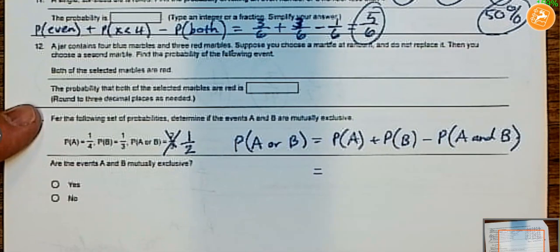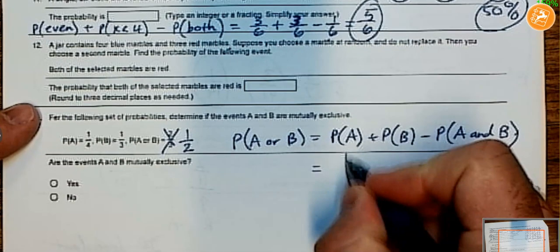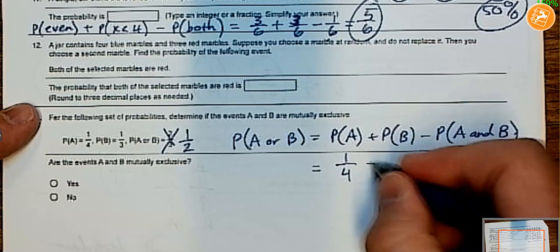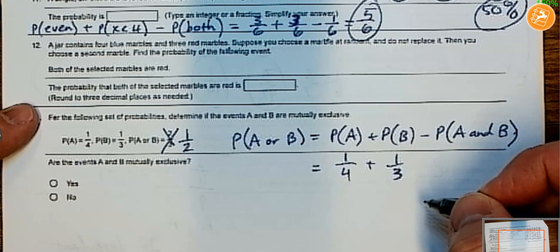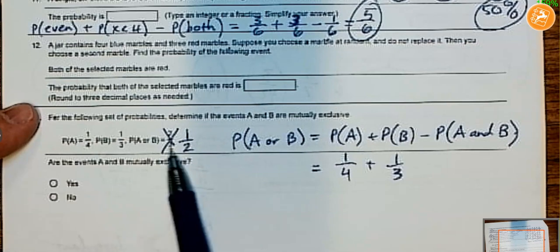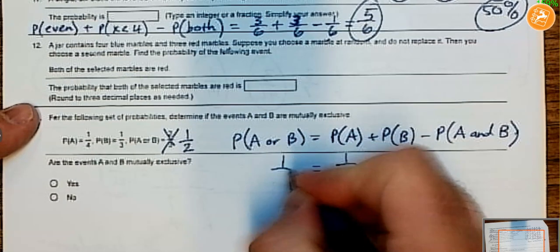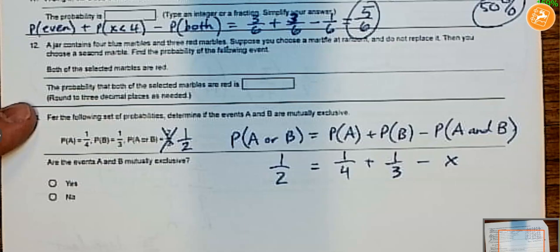Do we have any of those pieces of information? 1/4. Do we have any more pieces of information to put into this formula? 1/2. But we do not know the one on the far right of the equation, so we'll just call it X.